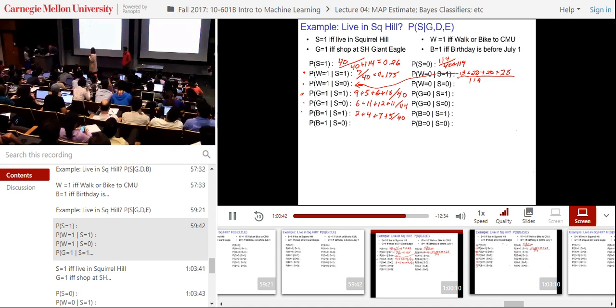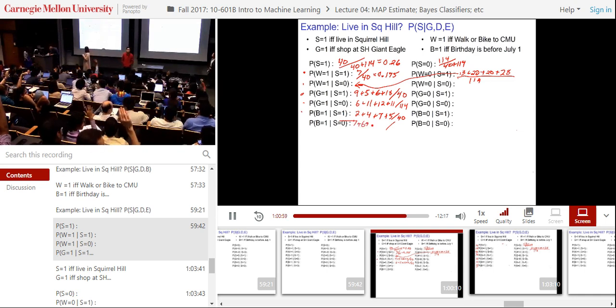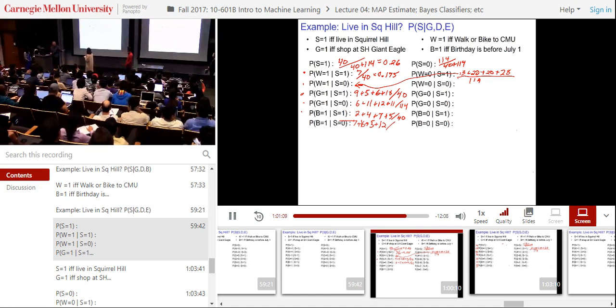And now, if you do not live in Squirrel Hill and your birthday is before July 1st, please raise your hand. 7, 6, 5. 6 plus 5. 16, 12. 16, 5, and 12. Is that right? 7, 16, 5, and 12? Okay, and that's over again 114.